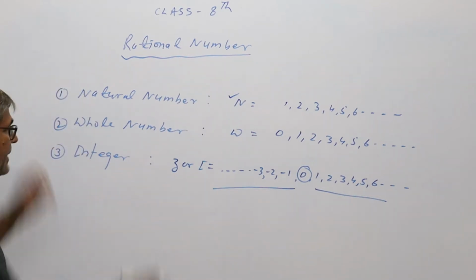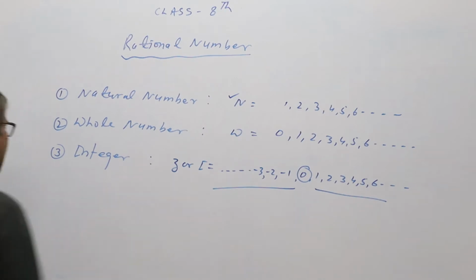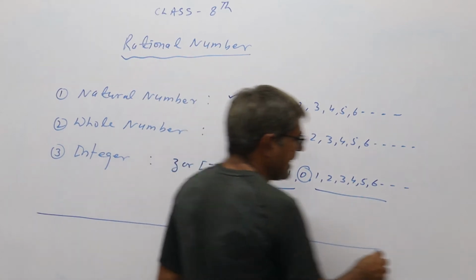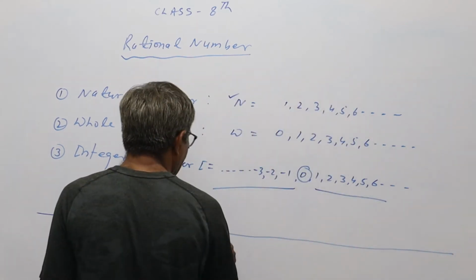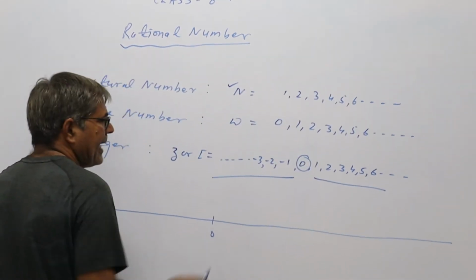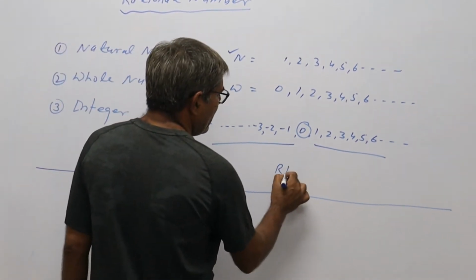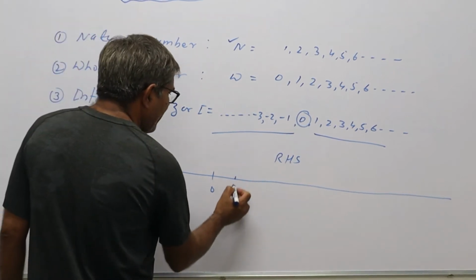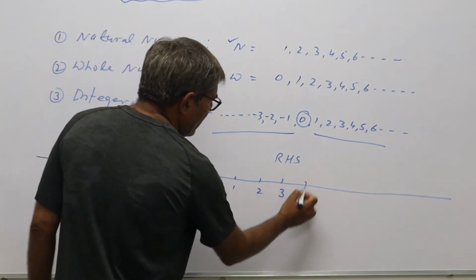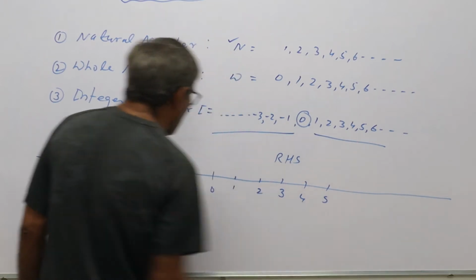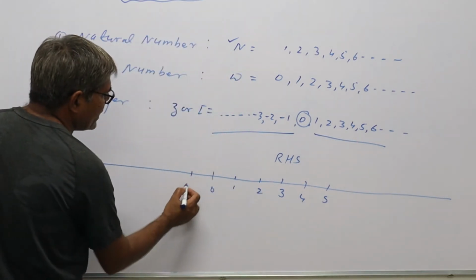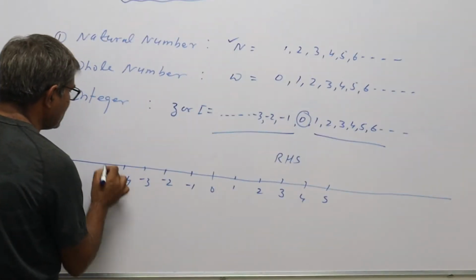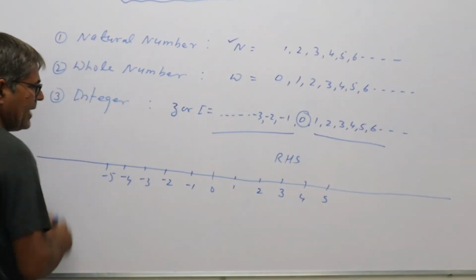Now if we have to represent all these numbers on a line, then let us suppose this is any given line. The central point will be 0, on the right side of 0, at unit distance the numbers will be 1, 2, 3, 4, 5 and so on, and on the left side of 0 will be -1, -2, -3, -4, -5 and so on.